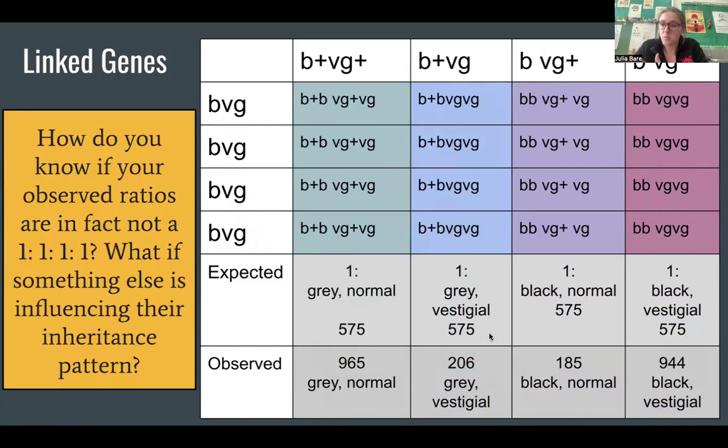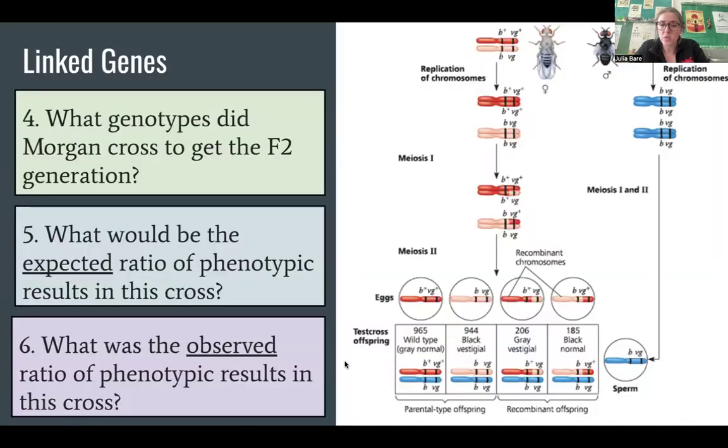Well, if you've been in AP Bio, you know that this is where you would do a chi-squared analysis. Because this is how you can determine if your expected ratios were close enough to your observed ratios. Just a reminder, I got these observed values from this chart.